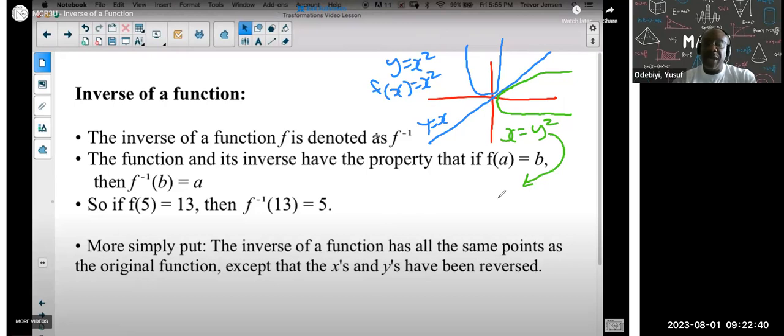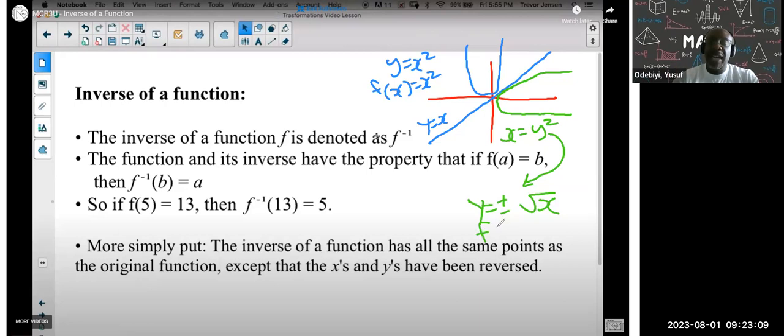So now I bring the square root over to the other side, and it becomes the square root of x. Technically, let me do this properly, it's supposed to be y equals plus or minus. Then we replace y with f of x.